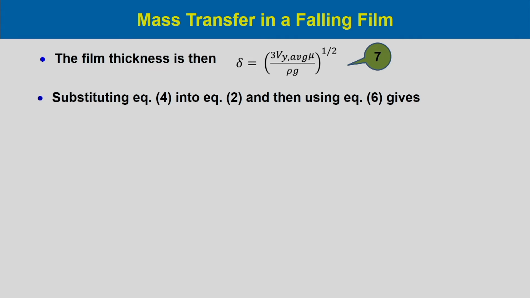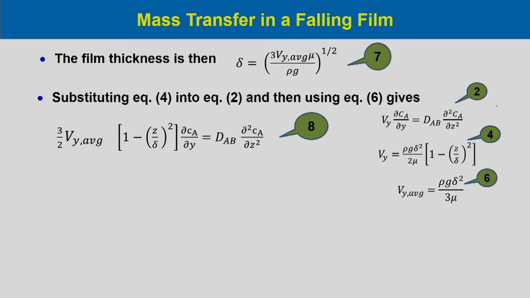Now, substituting equation 4 into equation 2 and then using equation 6. So, equation 4 is substituted for V y in equation 2. If we substitute and then use the V y average equation 6, we can obtain 3 by 2 V y average into 1 minus z by delta whole square into del C A del y would be equal to D_AB del 2 C A del z square.